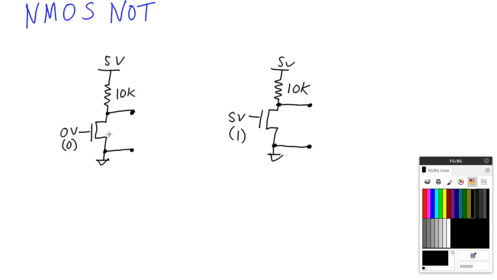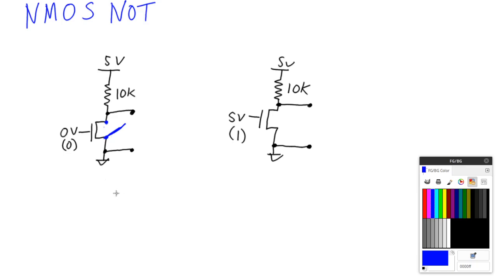So first, if we have 0 volts, what's going on with this transistor here? Well, since it's an NMOS, we know that if we have 0 volts here, this transistor is going to be open. It's like there's a switch here, and the switch is open.